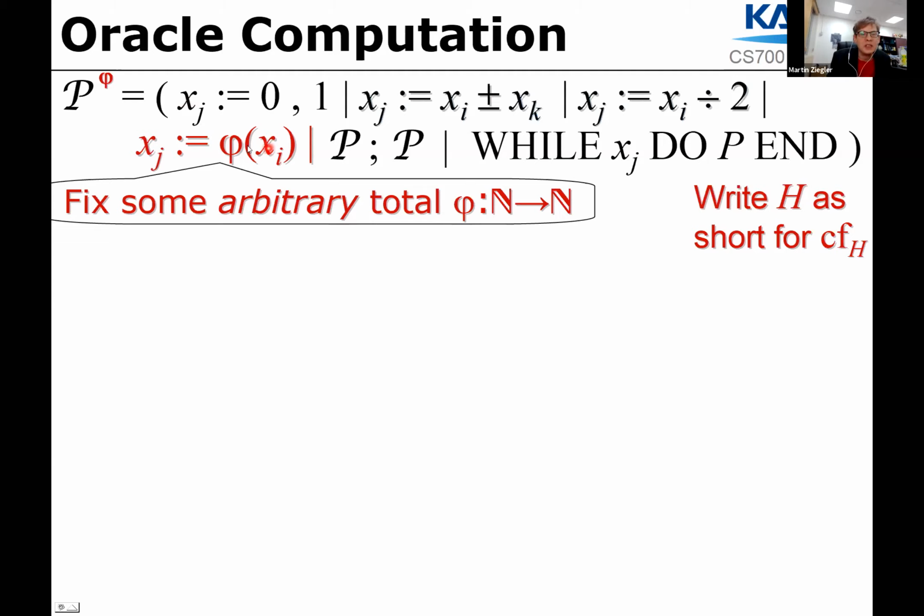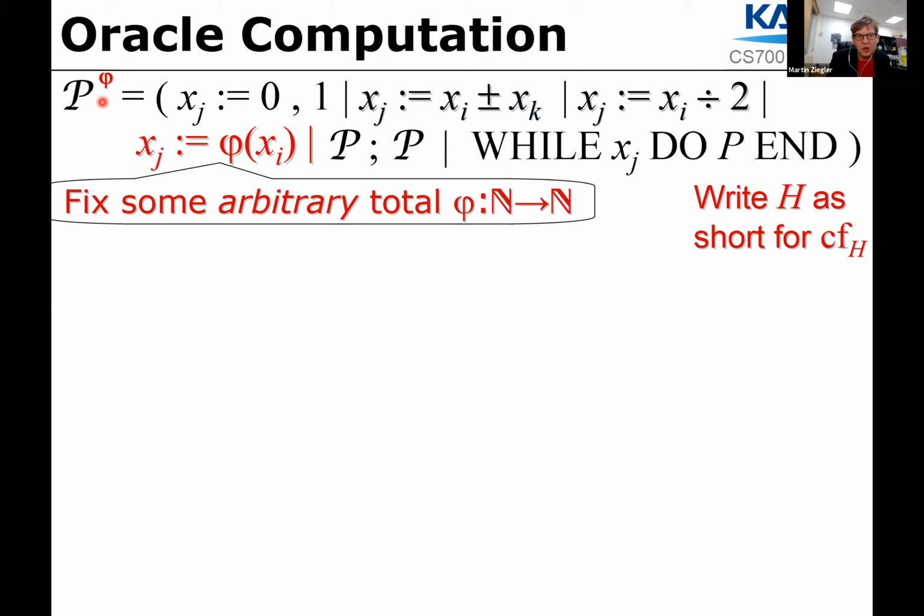And the library functions, kind of the external functions we're interested in, include, for instance, the characteristic function of the halting problem as indicated here, in which case we just put a superscript h next to the program rather than some function symbol like phi, and we understand that the decision problem is always understood as a characteristic function and thus as a function problem.